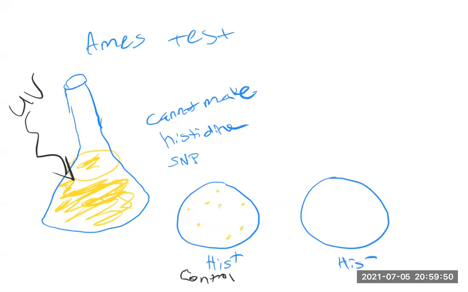What can we conclude if we do see a colony that shows up on the histidine minus? Well, we know now that this bacterium can produce histidine, which means that it gained a mutation.